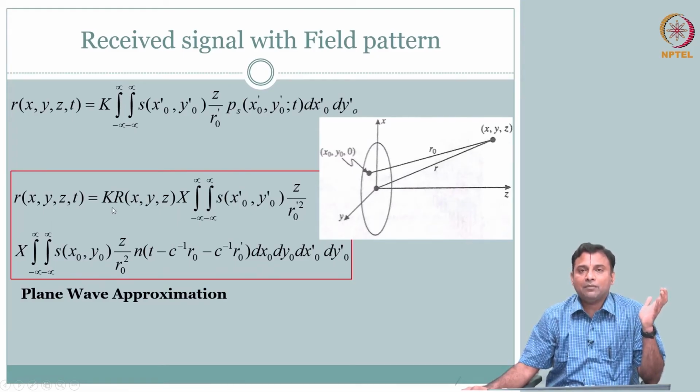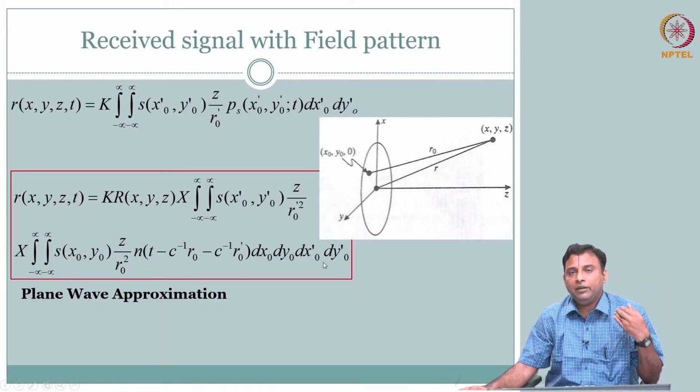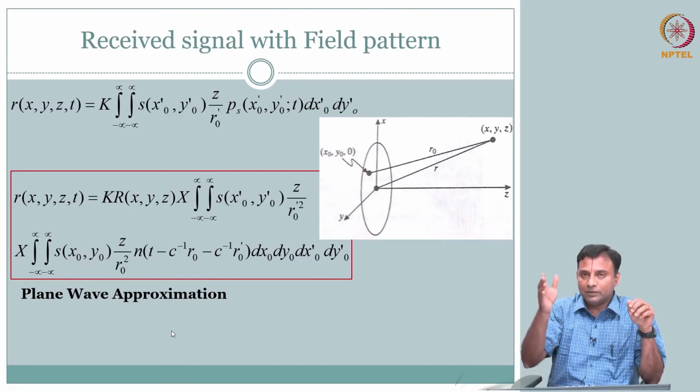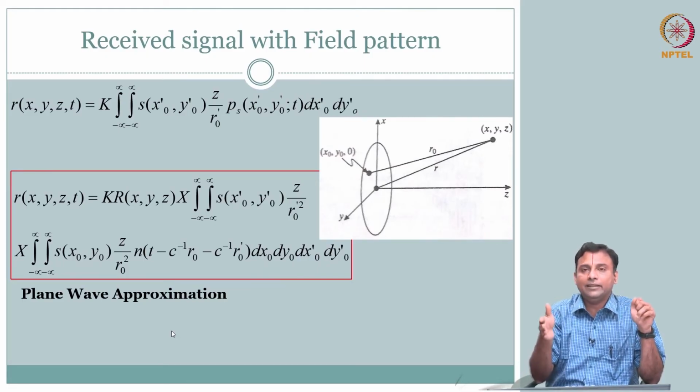So, we will make some approximations so that this reduces to a form which can be better explained and better analyzed, and we will put the context at that time. So, the plane wave approximation. What do we say in the plane wave approximation? Remember, we are looking at some plane located at z.